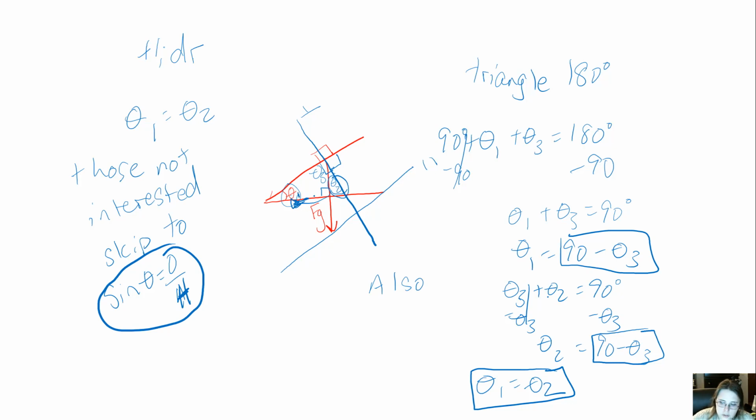All right. So now we are looking at our ramp again. This is theta. This is the box. Force due to gravity. We want parallel.